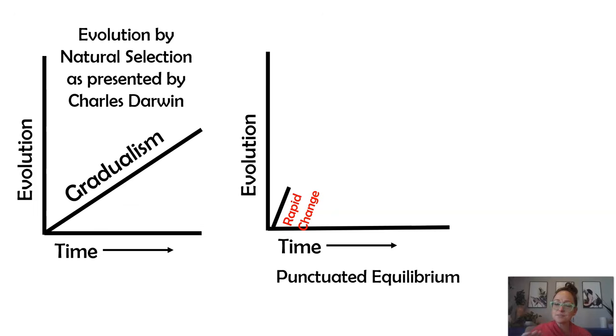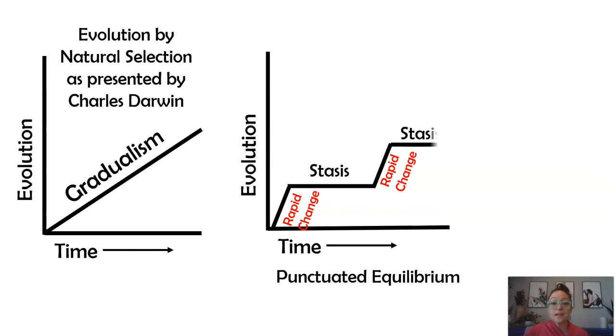So like lots of speciation happening in a short amount of time, followed by long periods of stasis or equilibrium, like not a lot of change, and then rapid burst of change, and then lots of stasis. Now, when we say rapid, though, rapid could be thousands of years in geologic time.